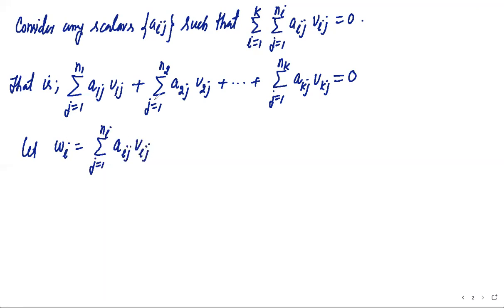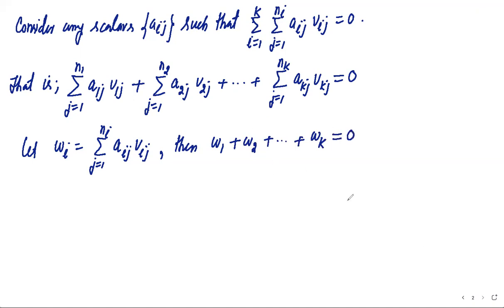So let this wi be the ith term in the sum. So this is the first term, this is w1, then this is the second term, which is here w2, and this is the kth term wk. So then we have w1 plus w2 plus so on plus wk is equal to 0.